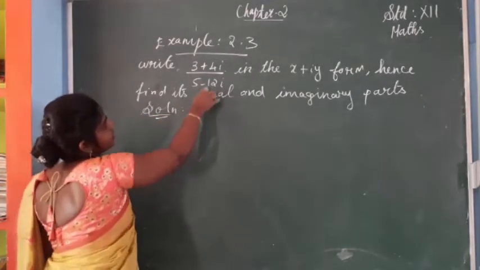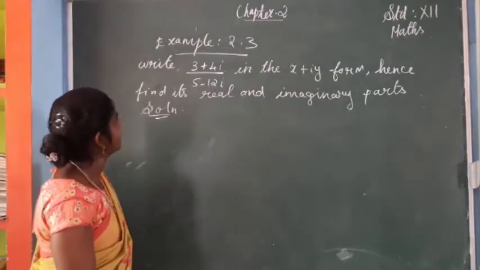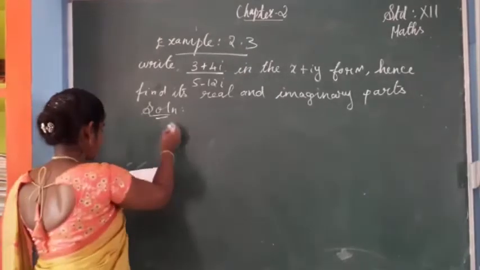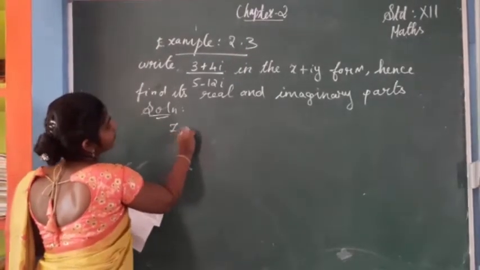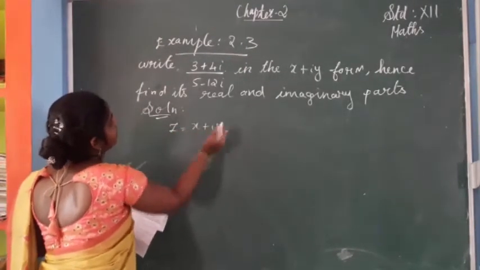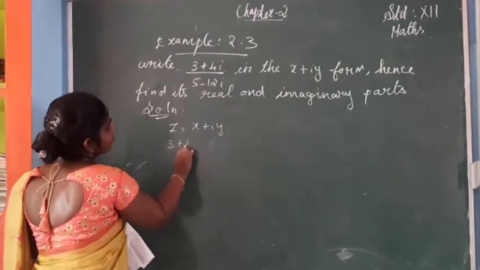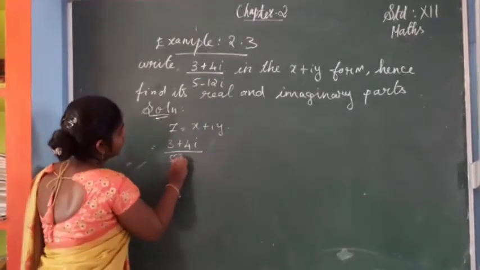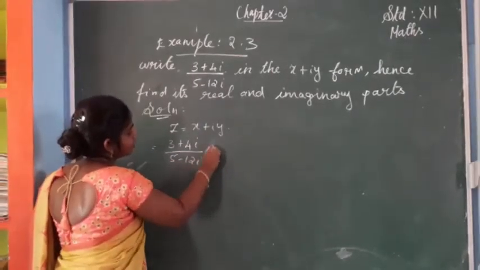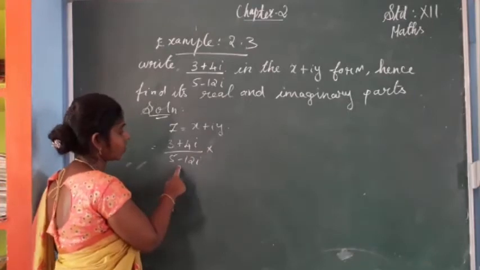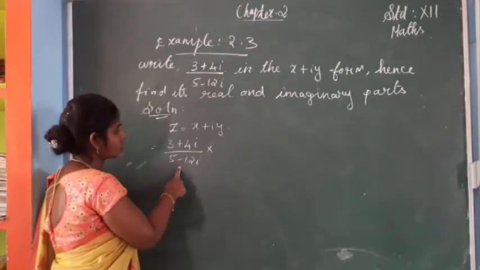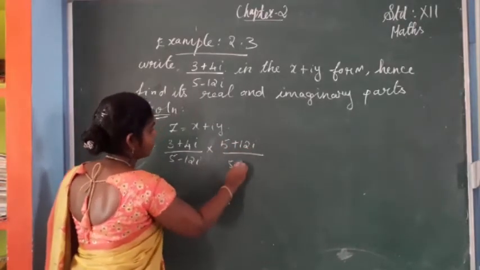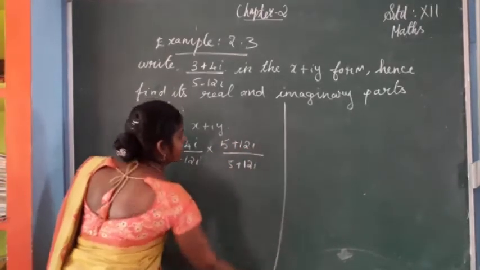Solution. So Z is given, hence you have to find the real part and imaginary part. So Z is equal to x plus iy. So Z is equal to 3 plus 4i divided by 5 minus 12i, into, we have to take the conjugate. So what is the conjugate of 5 minus 12i? 5 plus 12i, divided by 5 plus 12i.